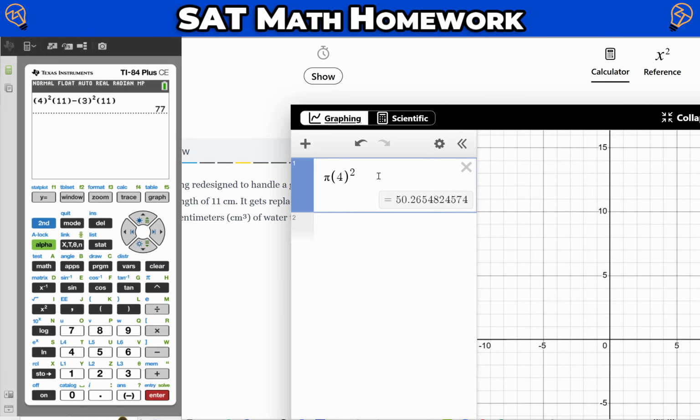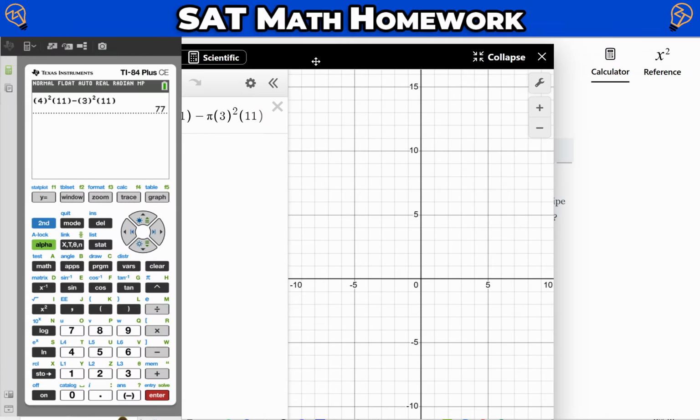I'll type everything else that we had here, minus pi 3 squared. So I put it on my scrap paper here so I wouldn't forget. And then notice I'm going to put equals just x pi instead of W pi.